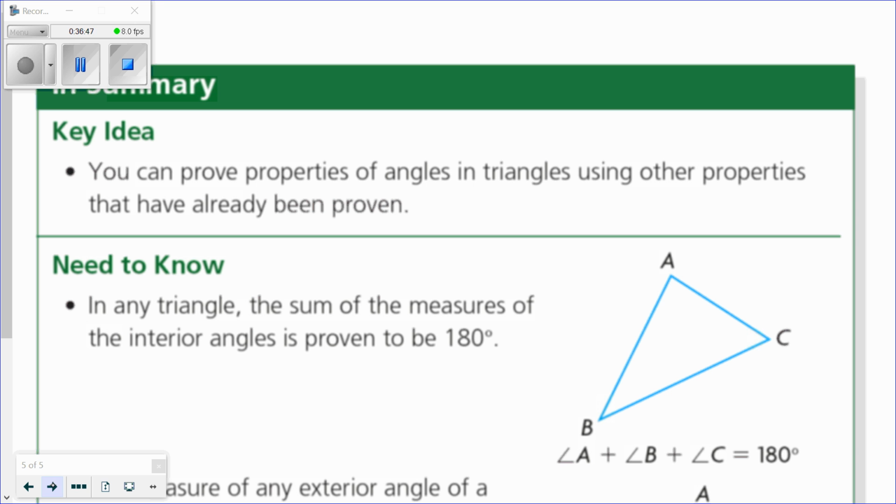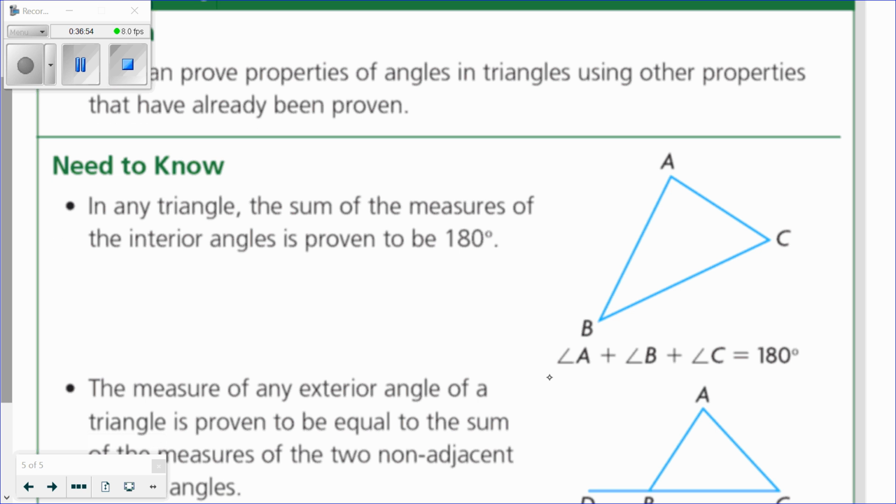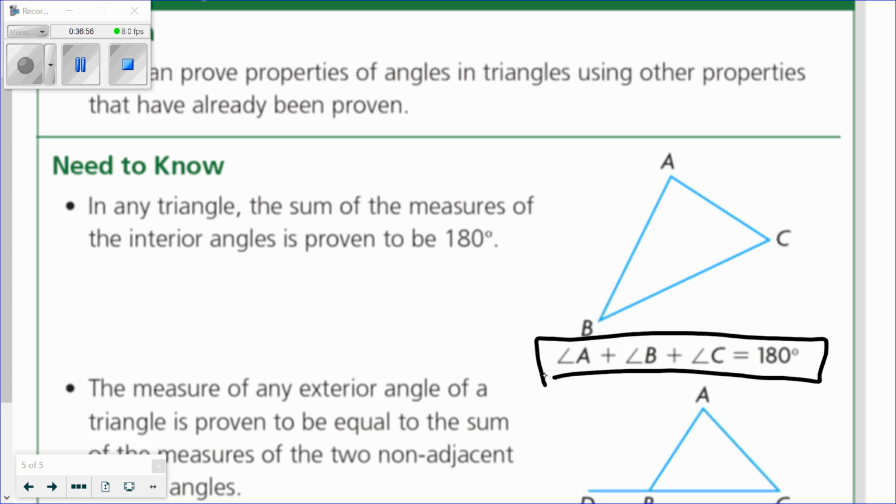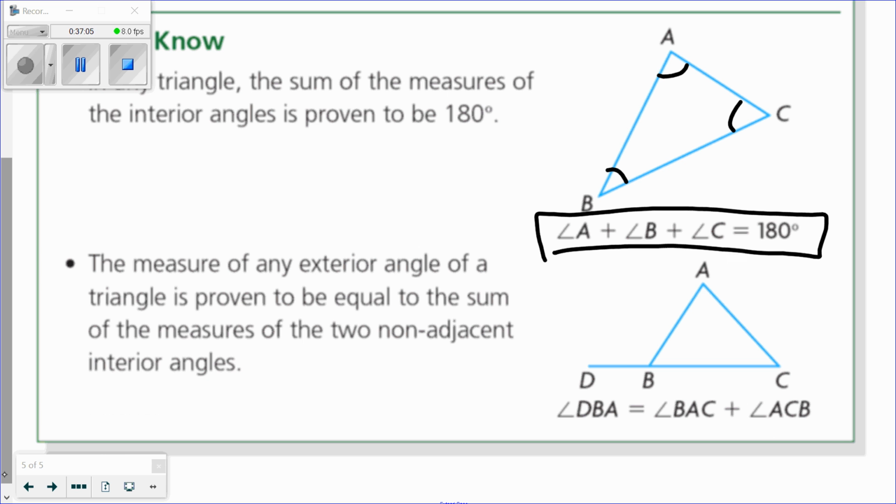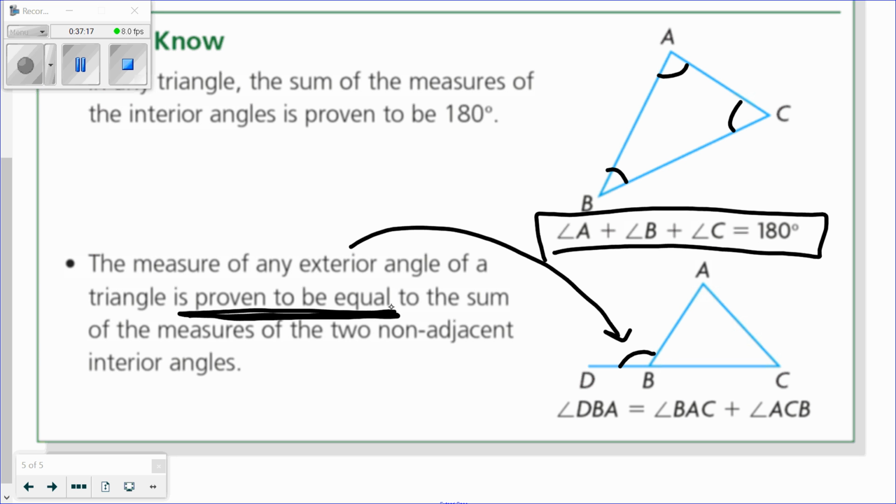So here you can prove properties of angles and triangles using other properties that we've already proven. And so this one I didn't even really explicitly talk about because we already know that the angle at A plus the angle at B plus the angle at C, if you add them up, it's going to be equal to 180 degrees. The measure of any exterior angle, so again, this is an exterior angle, we proved in that question 3 that it was equal to the sum of the measures of the two non-adjacent angles.